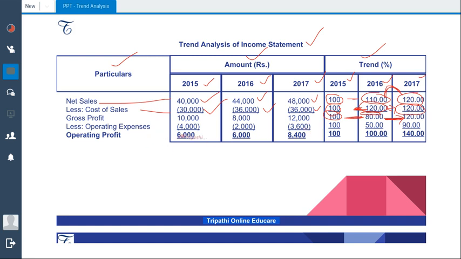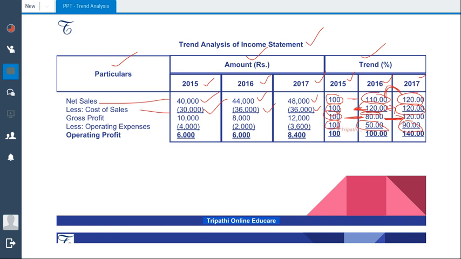Now let us go to the next one, operating expense. So operating expense, you can see first year is 100%, second year is 50%, and third year is 90%. Now see, you were able to reduce your operating expenses up to 50%, right, in 2016, and it went up to 90% in 2017.